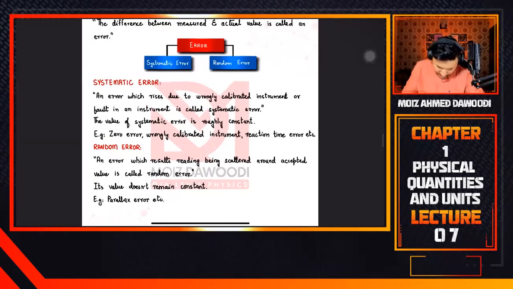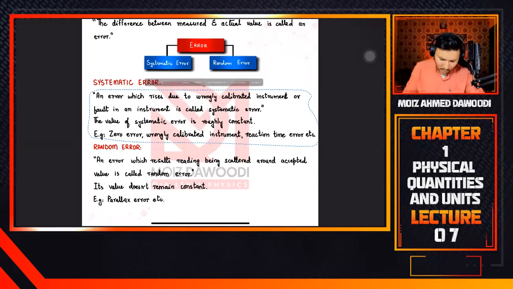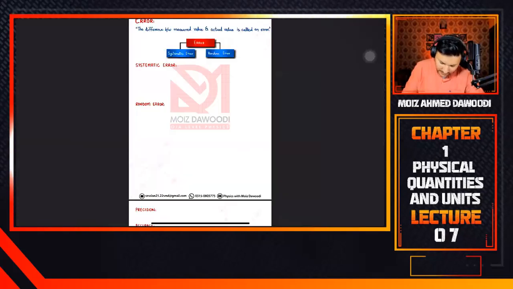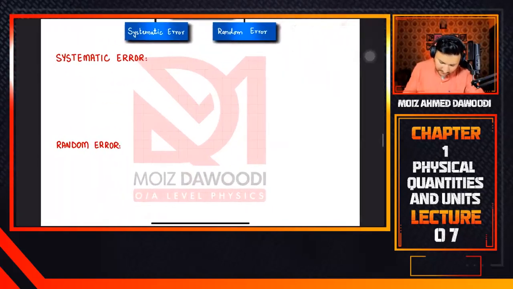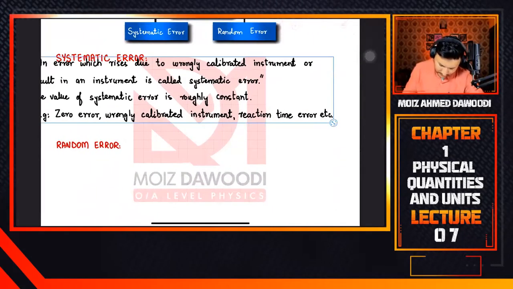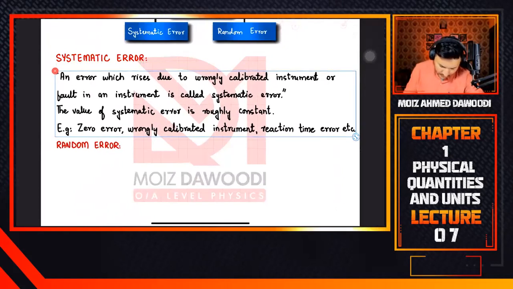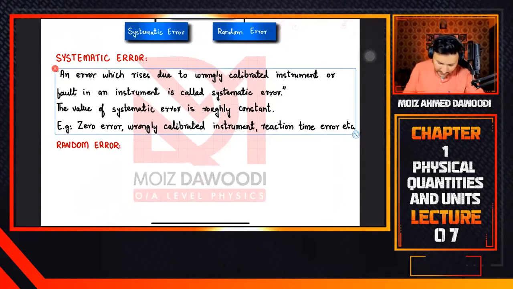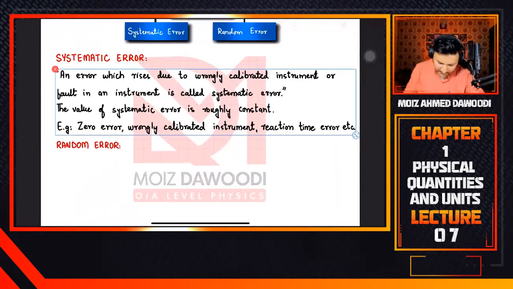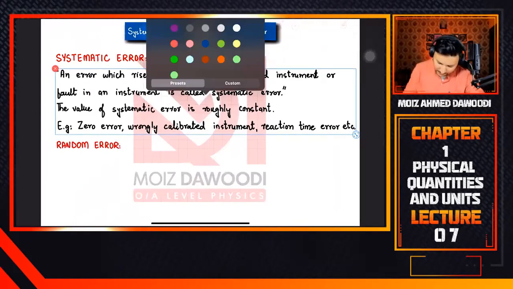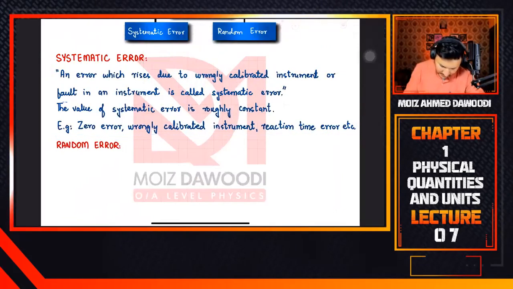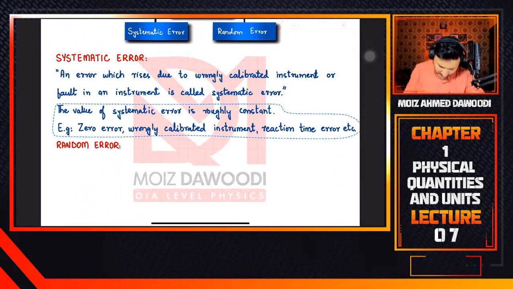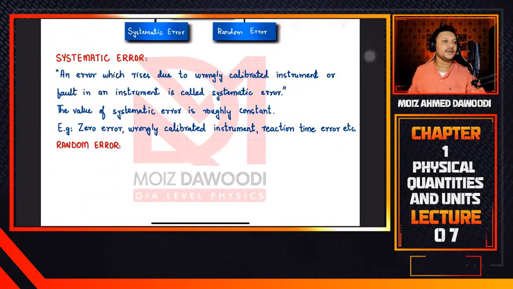An error which arises due to a wrongly calibrated instrument or a fault in an instrument is called systematic error. Systematic error की value roughly constant रहती है और कुछ examples बता दी, like zero error is one example of systematic error. Understood?